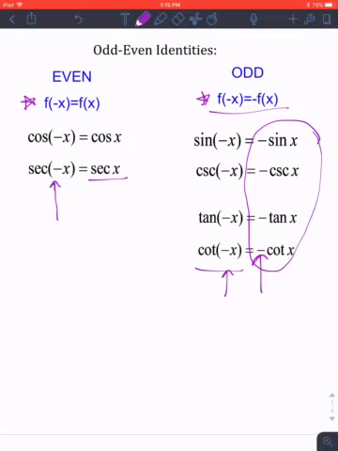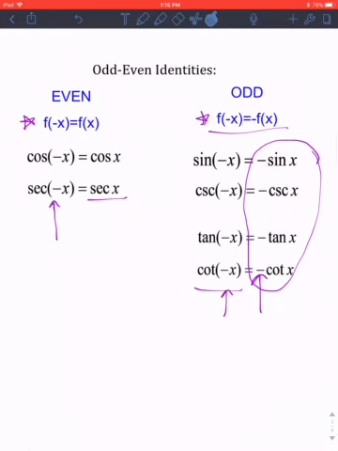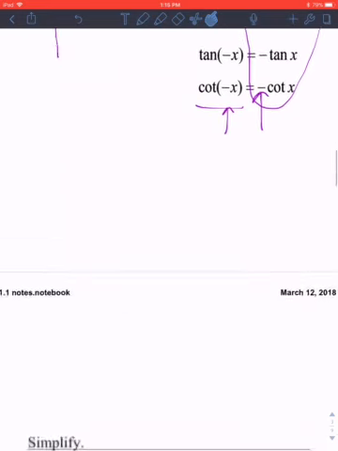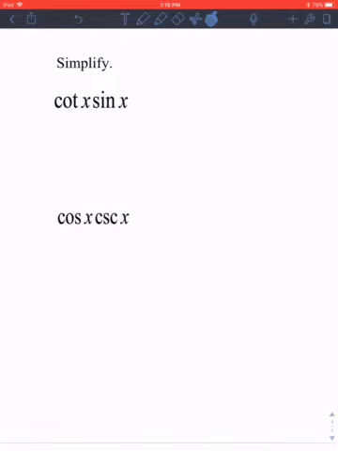So if you ever see anything with a negative x on the inside, your input or your angle, you need to simplify that using one of these identities. Okay, so all the problems are going to use some of these identities, so as I go through them, you might need to reference the top part, but all I'm doing is replacing what you see here with something from the identities. All right, so here's a couple examples.